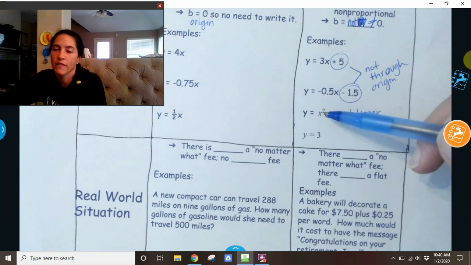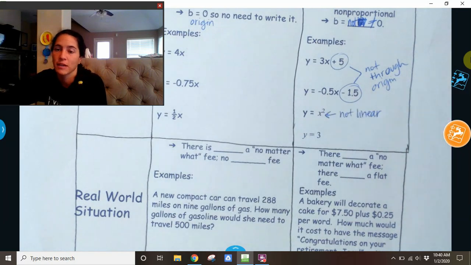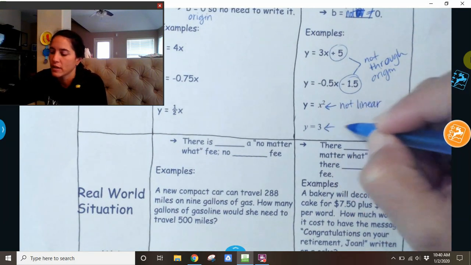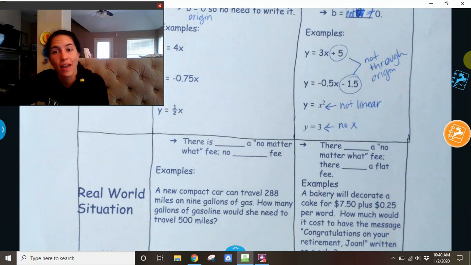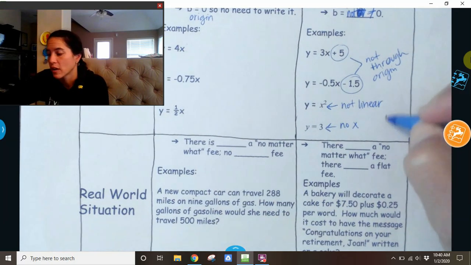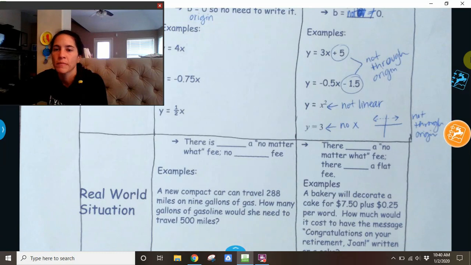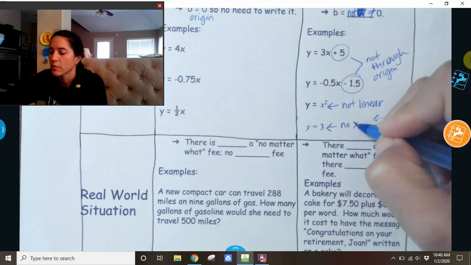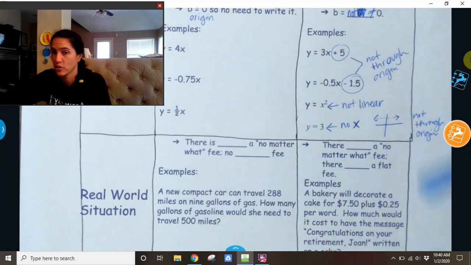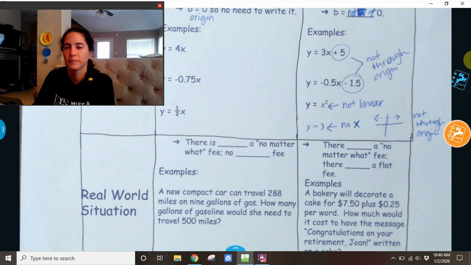X squared is going to have a curve in it, so that means it's not linear. And this has no x value. It's just y equals 3, which if we were to graph y equals 3, it would be a horizontal line. So again, not through the origin. So those are examples of equations that are not proportional.